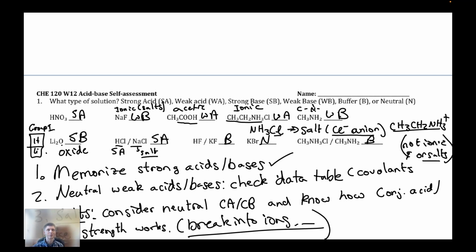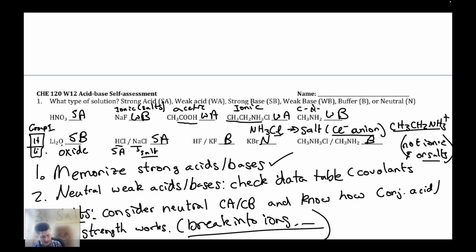So yeah, the key conceptual stuff here is really important to make sure you have all those key relationships down. A little bit of memorization and then a lot of just looking up the appropriate data and remembering how ionic compounds work, how they go into solution as ions, having that process down.